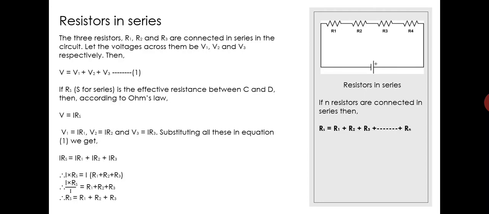Taking I from right hand side to left hand side, we get I into Rs upon I is equal to R1 plus R2 plus R3. As I will get cancelled, therefore Rs becomes R1 plus R2 plus R3. If n resistors are connected in series, then Rs, that is effective resistance in series, is equal to R1 plus R2 plus R3 plus Rn.